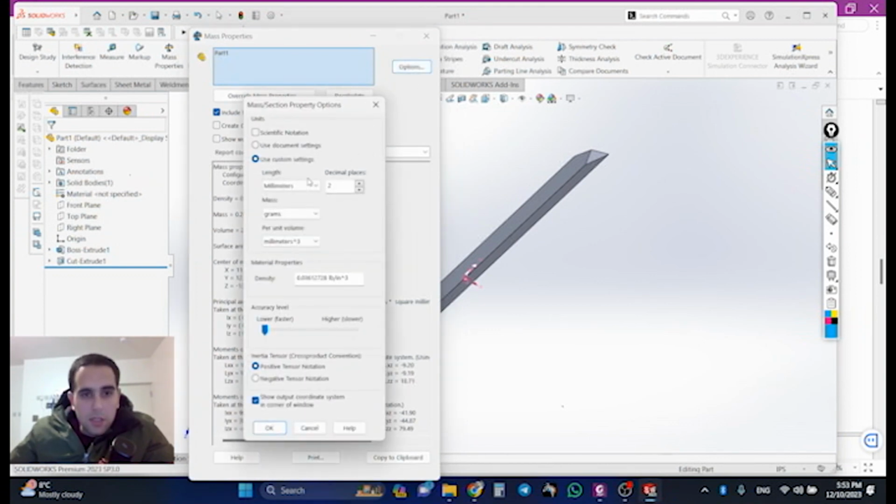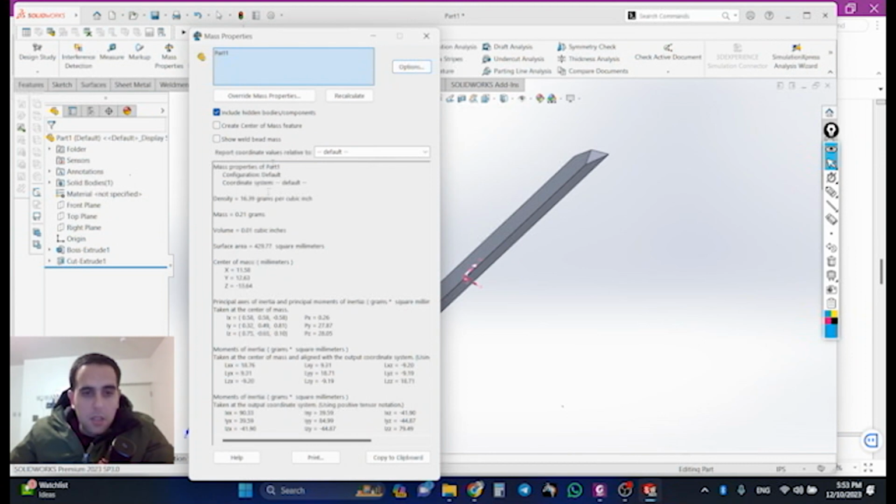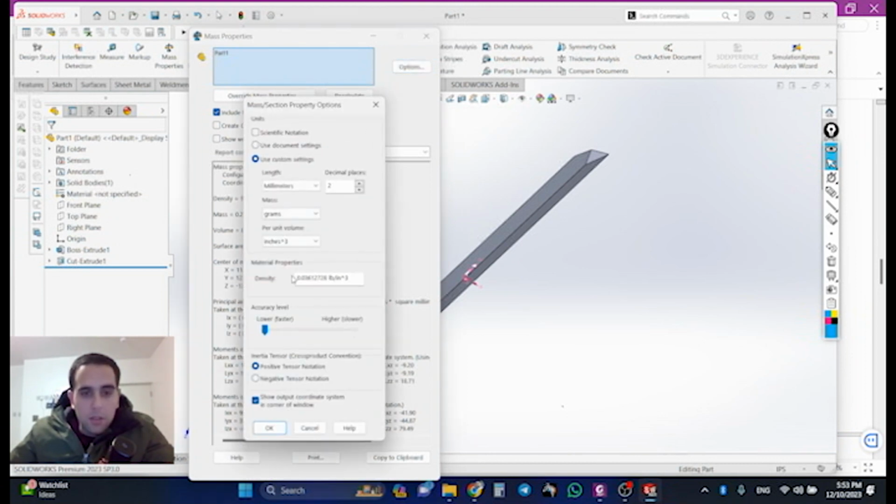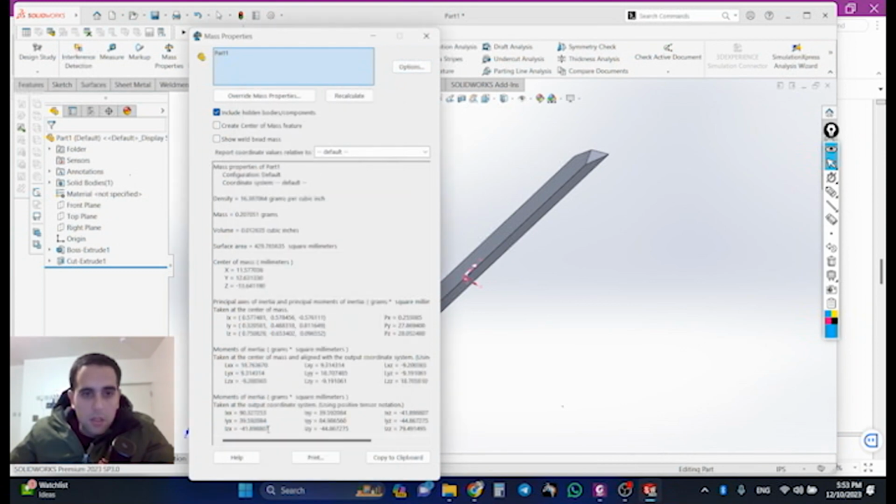So if we go to options, the volume should be in inches, and we should also increase the decimals.